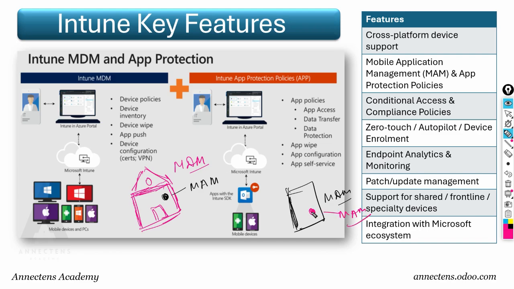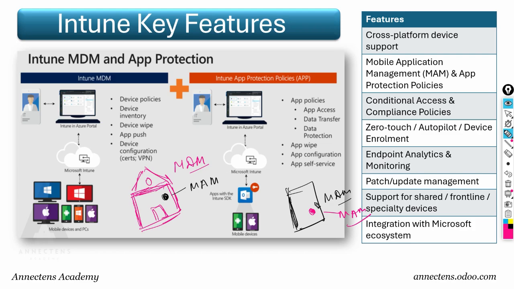When I talk about MAM, I'm only setting up my policies without full device control. Policies prevent data leakage, for example no copy-paste from Outlook to WhatsApp or anywhere else. Documentation is ring fenced, and we can install, uninstall, repair, and wipe applications.